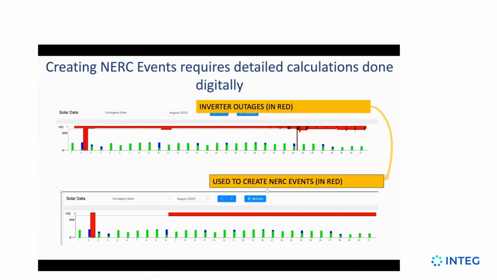Just be careful. I've had a few folks, actually 3 companies, who had done it in-house. When we walked through it, a bunch of it was incorrect. Especially on the solar side, it's been worse than on the wind side. Even in the 8 sessions I did, there were more problems on the solar side than the wind side, but almost all of the problems were in this conversion from the inverter or turbine outages to the NERC events.